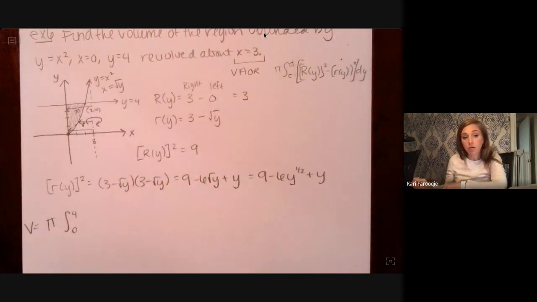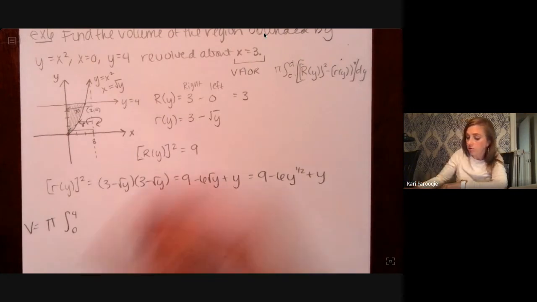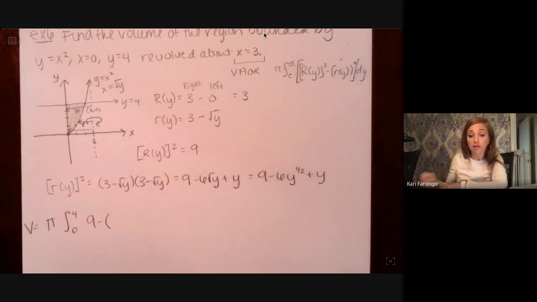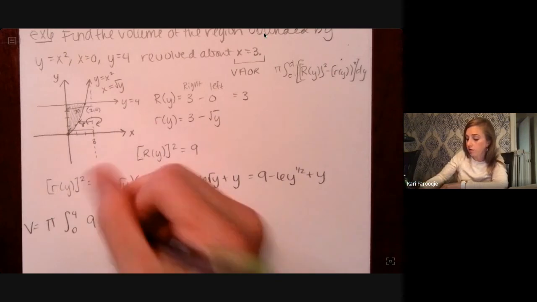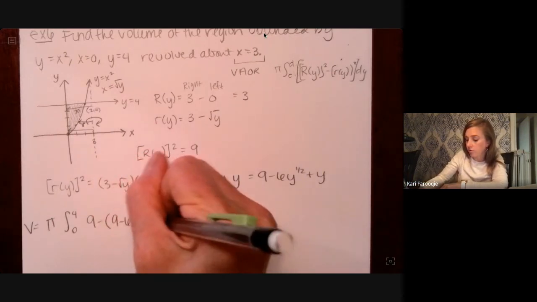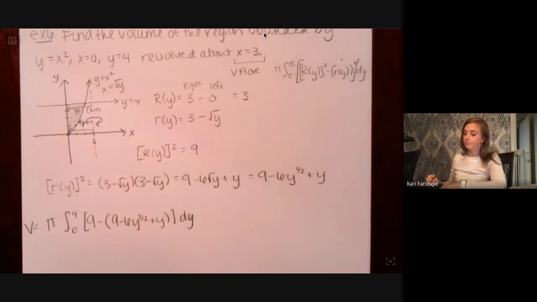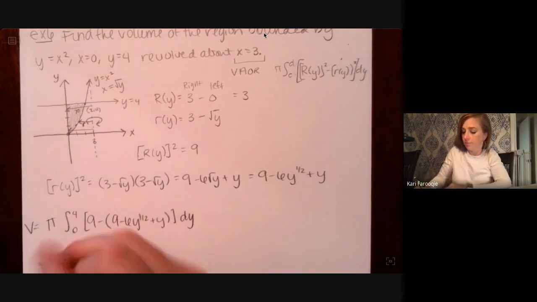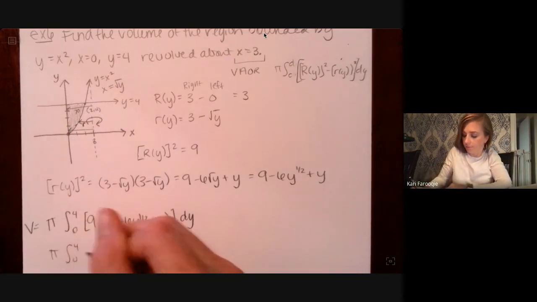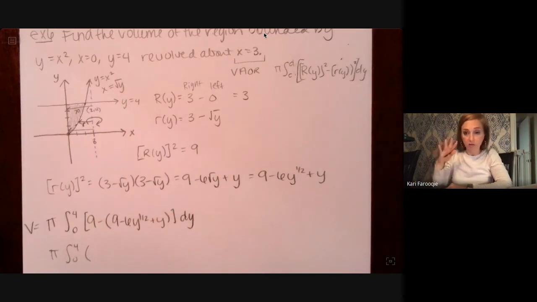Then I'm taking big R of y squared, which is 9, and subtracting off the entire quantity, little r of y squared. And then we'll simplify. So 9 minus 9 is 0.